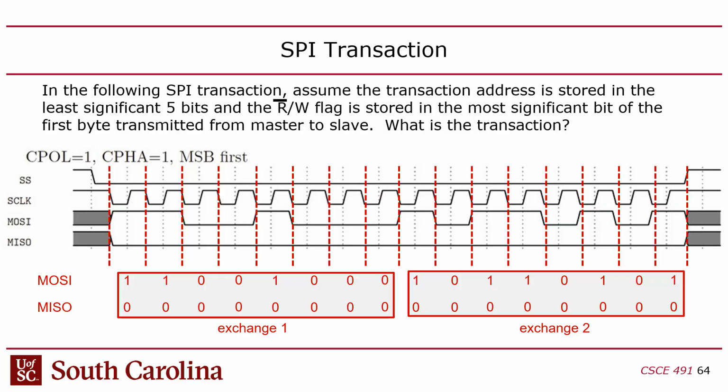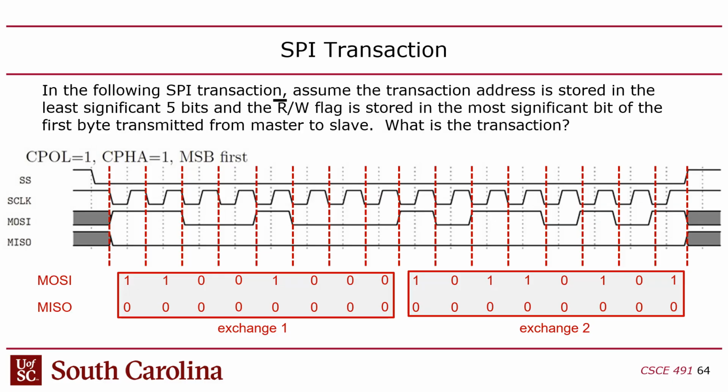So once you've got that straight, then you have to convert this plot to bits. You're either high or low, and so you translate these to bits. And assuming this is generated correctly, and assuming this transaction is comprised of two exchanges, there should be 16 bits on MOSI and 16 bits on MISO.